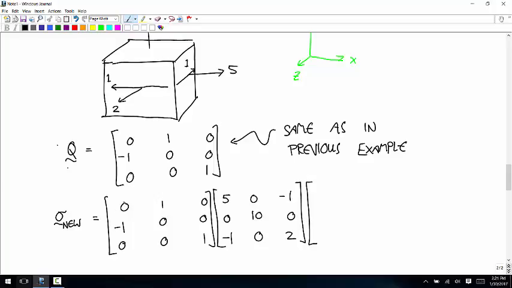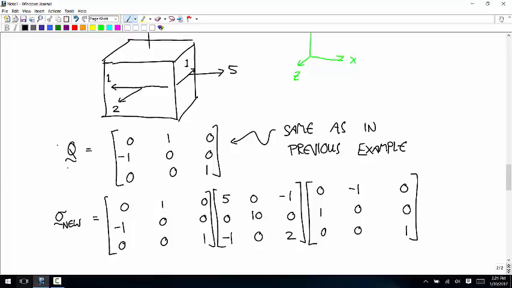For this one, the first row is going to be the first column of this, so 0, -1, 0. The second row is going to be the second column, 1, 0, 0. And the third row is going to be the third column, 0, 0, 1.